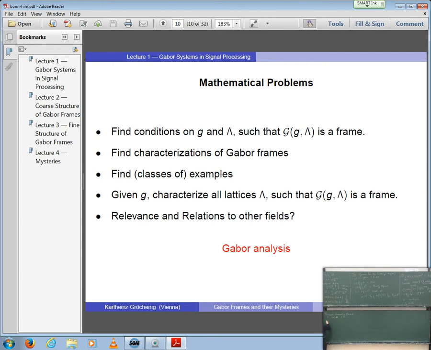Then the sum of f of k, k in Z^{2d}, well, in this case we have 2d, is equal to the sum of f hat of k, k in Z^{2d}, and this is the Fourier transform with the 2 pi in the exponent.